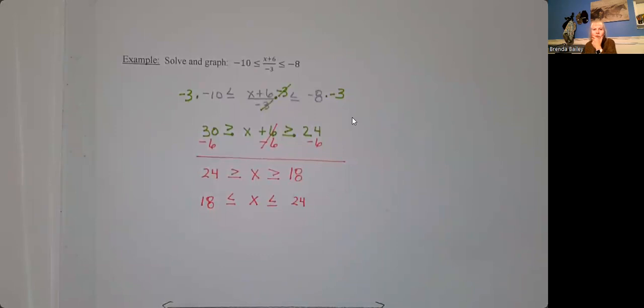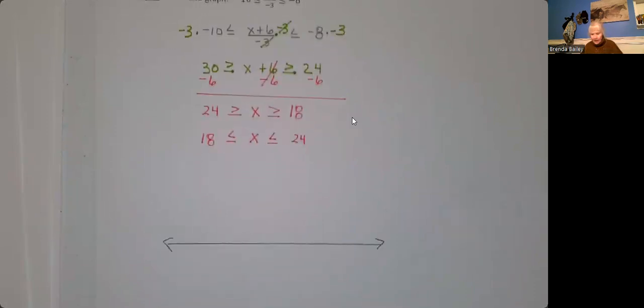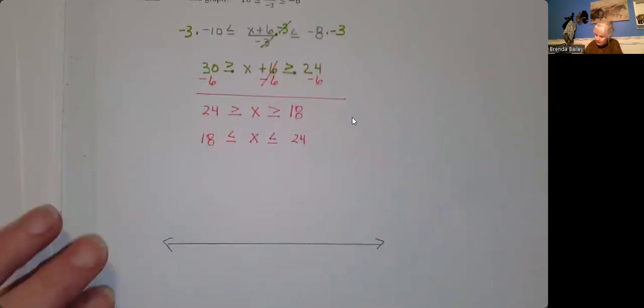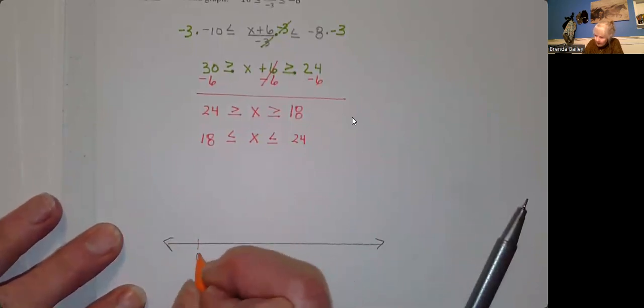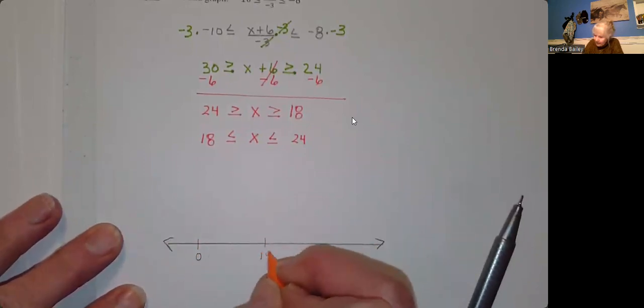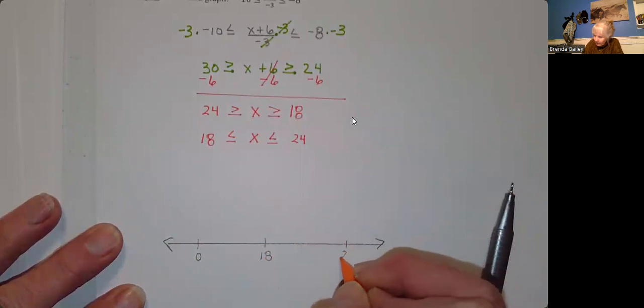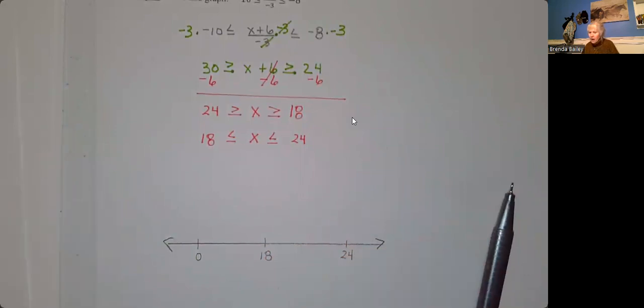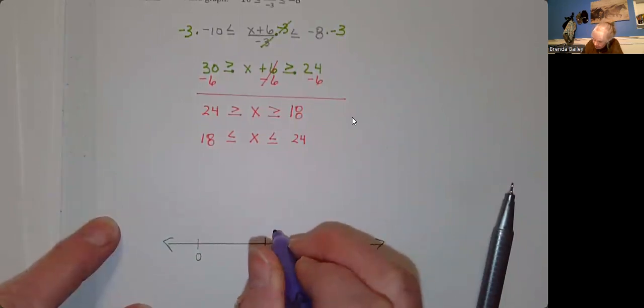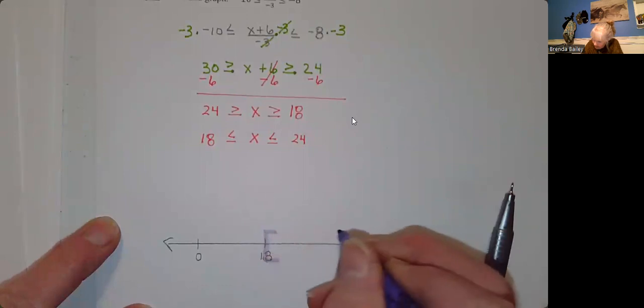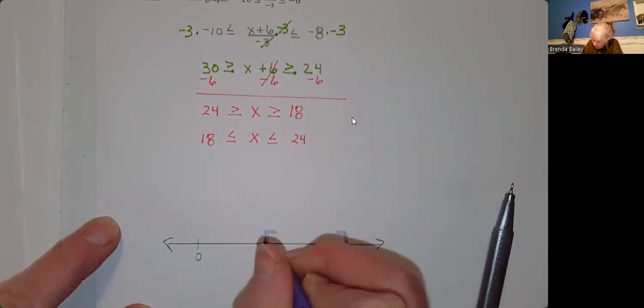All right, so our solution is between 18 and 24. So if we had our, I'm not going to put, we're going to have 0, few numbers, we'll have 18, and we'll have 24. And we want numbers between 18 and 24 graphically, and including the 18 and the 24.